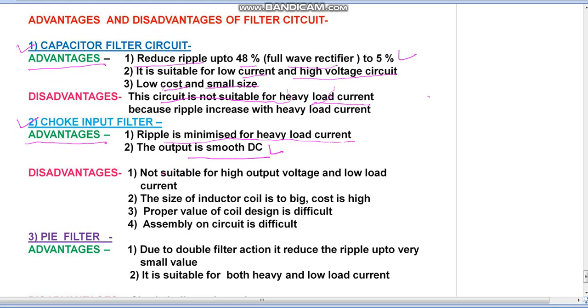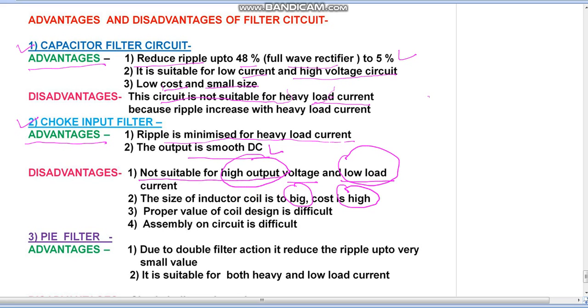Now the disadvantages of the choke input filter circuit. The first disadvantage is that it is not suitable for high output voltage and low load current. The size of the inductor coil is big and cost is high.